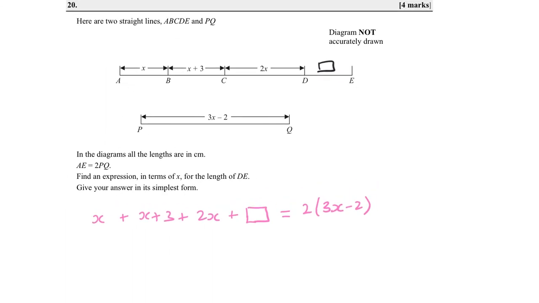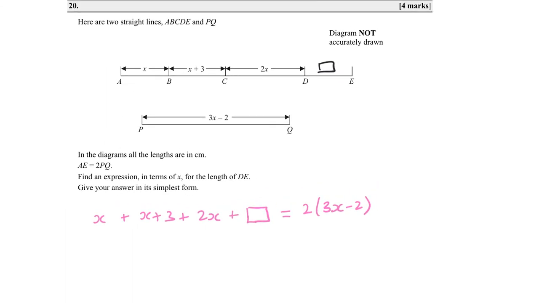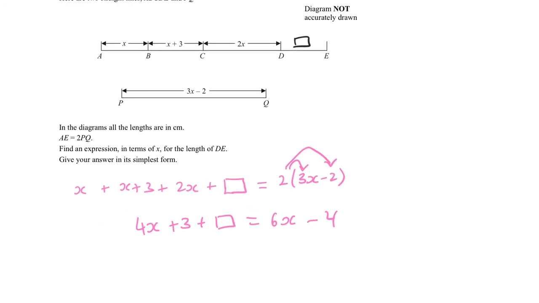Okay, so now we need to figure out what the box is. So x plus 2x is going to give me 4x, plus 3, plus something missing, equals 2 times 6x minus 4. Okay, so 4x plus 3 plus something needs to give me 6x minus 4. So what I can do is I can do this two different ways.